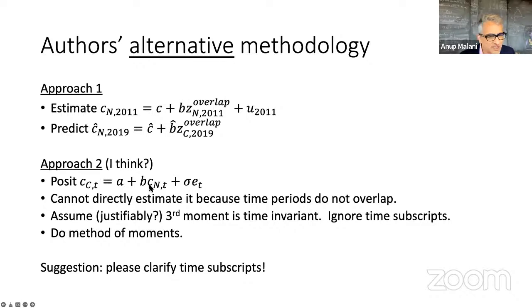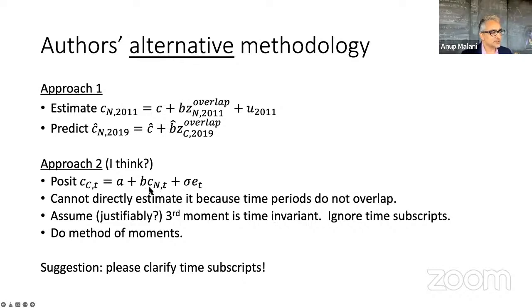Here's another approach, which I think I understand. This is the third moment stuff that they were talking about. Let's posit that consumption in CPHS at time t is a linear function of consumption in NSS, consistent with that error model. Then I'm adding this sigma, which they add in front of the error, so we can get some variation. That's not critical per se.